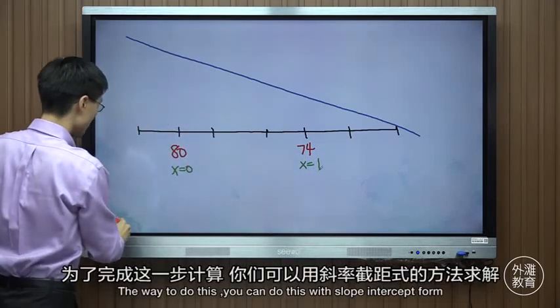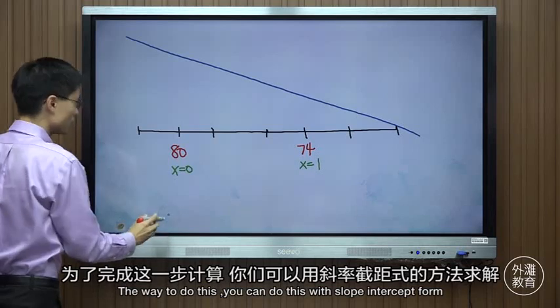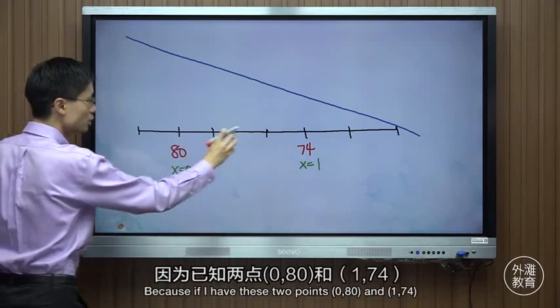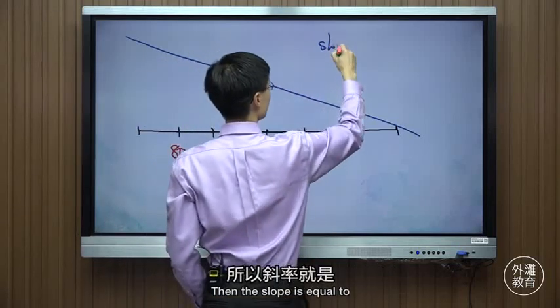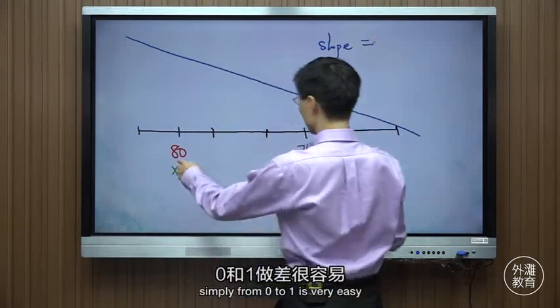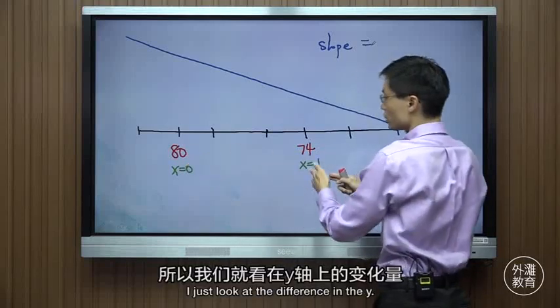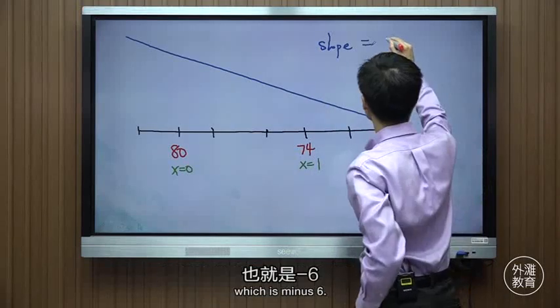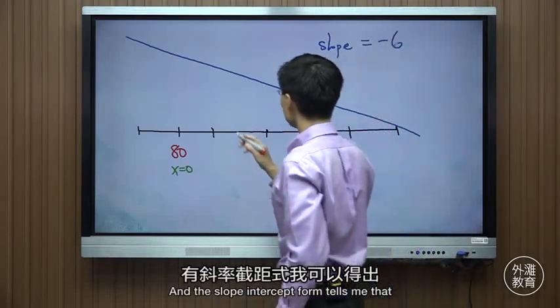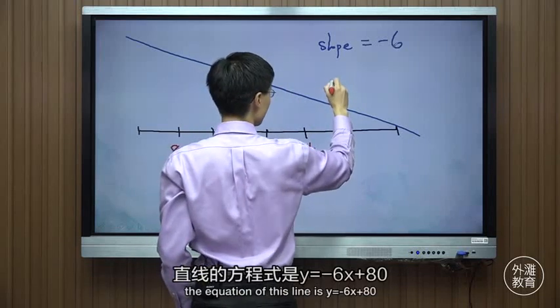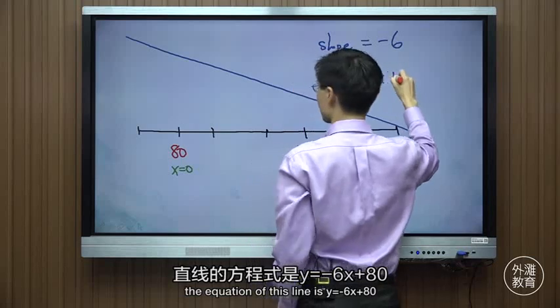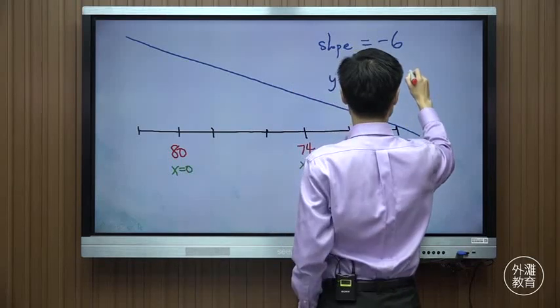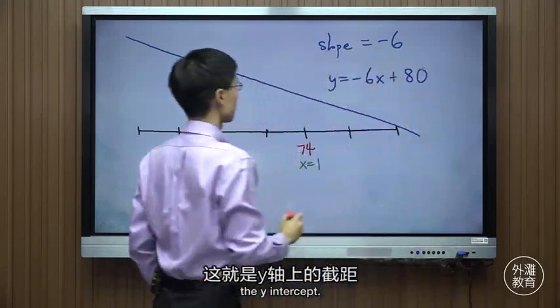The way to do this, you can do this with slope-intercept form. Because if I have these 2 points, (0, 80) and (1, 74), then the slope, from 0 to 1, is very easy. I just look at the difference in the y's, which is -6. And so the slope-intercept form tells me that the equation of this line is y equals -6x plus 80, the y-intercept.